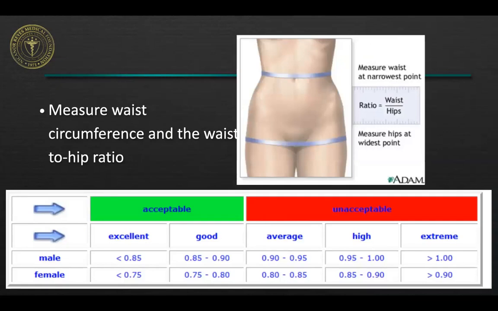In addition to your BMI is the measurement of the waist to hip ratio. This can also be a risk factor for cardiovascular diseases. An example would be your metabolic syndrome.